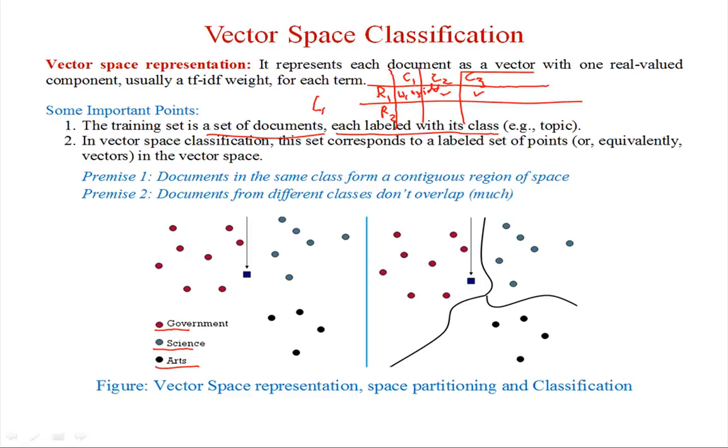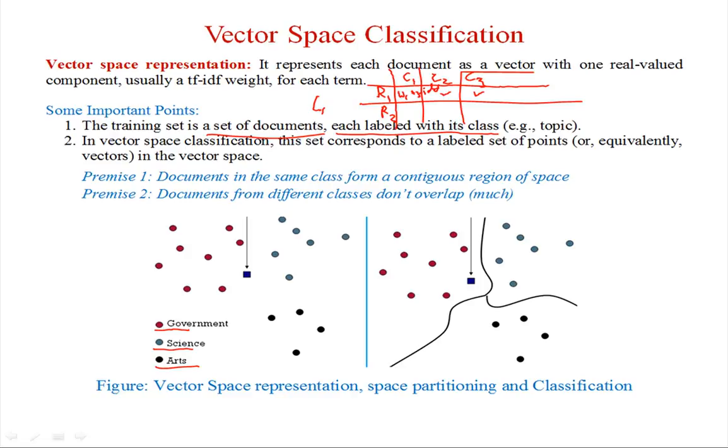Means we cannot put documents represented as blue circles in the class which represents the documents related to red circles, and so on. This is a general vector space representation.